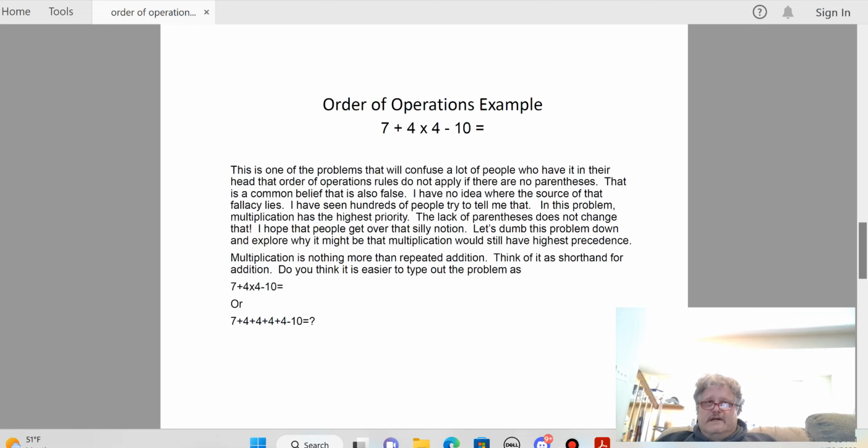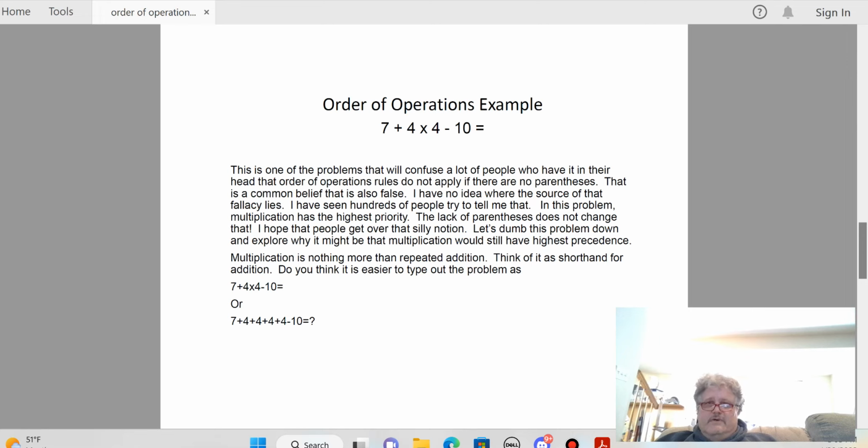7 plus 4 times 4 minus 10 equals. Now this one's a little bit trickier. This one trips up the people who believe that if there's no parentheses, you just go left to right. I don't know where this came from, but basically, multiplication's nothing more than repeated addition.